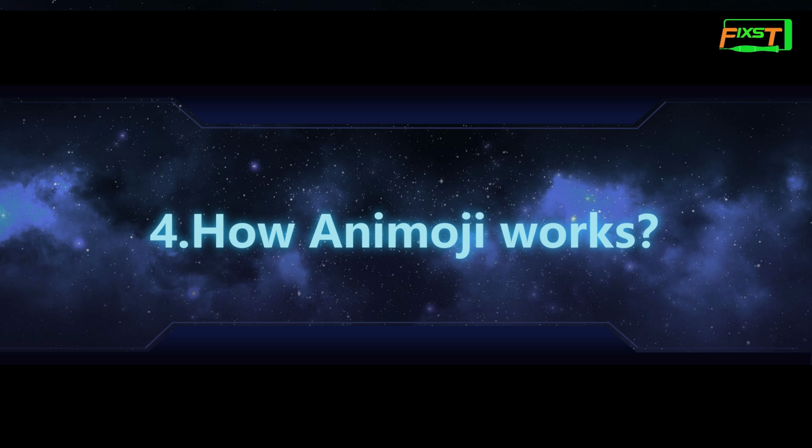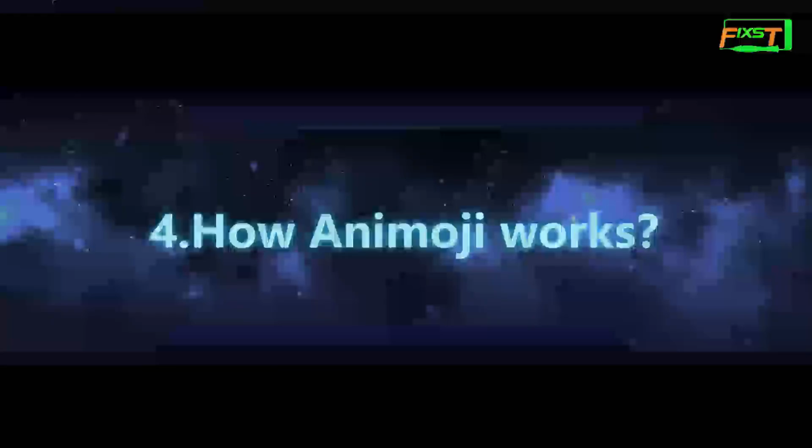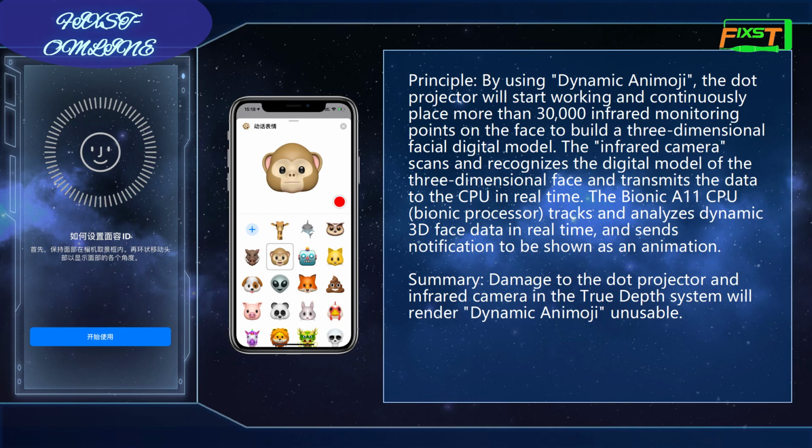Number 4. How Animoji works. By using the dynamic Animoji, the dot projector will start working and continuously place more than 30,000 infrared monitoring points on the face to build a three-dimensional facial digital model. The infrared camera scans and recognizes the digital model of the three-dimensional face and transmits the data to the CPU in real time.